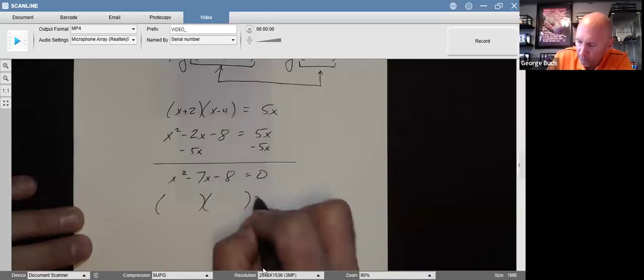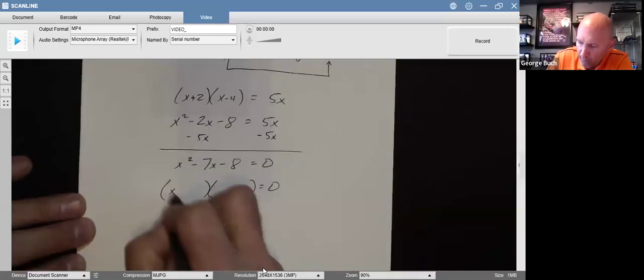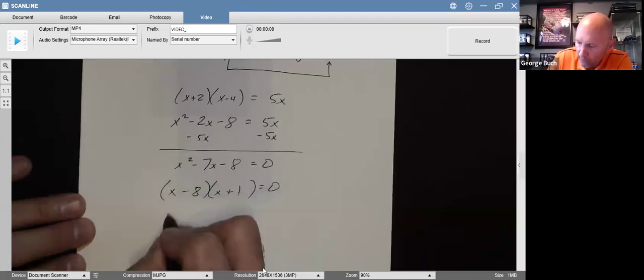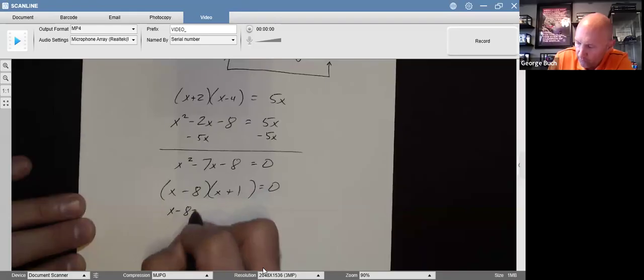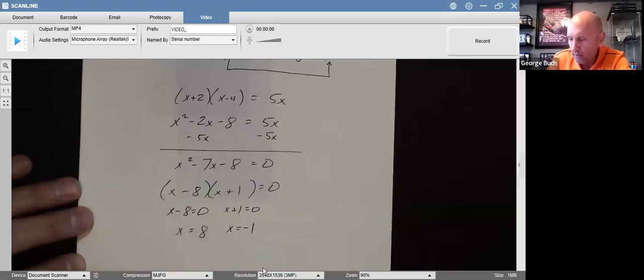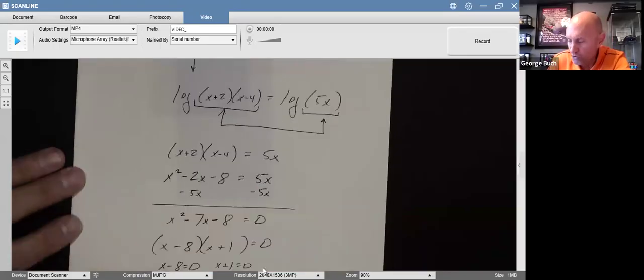And now go ahead and factor. So I get x minus 8, x plus 1. So x minus 8 is 0, x plus 1 is 0. So x might be positive 8, x might be negative 1 if I check it back in the original.